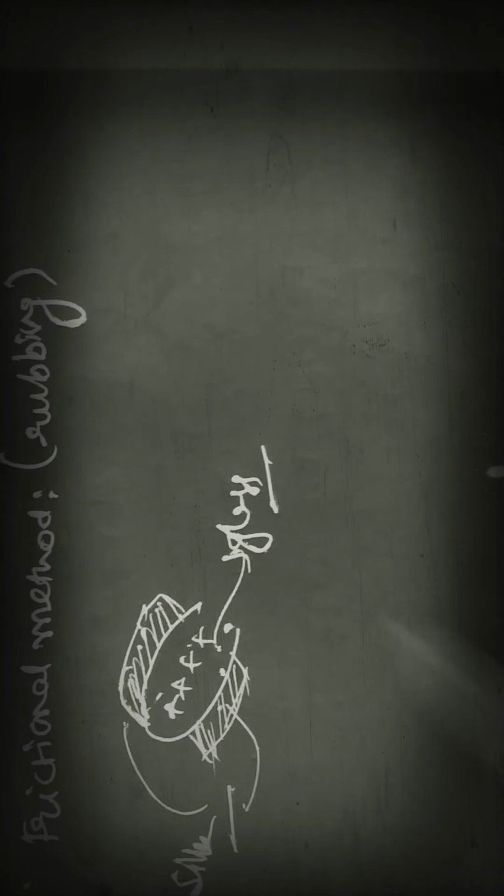Both the surfaces are different. Now when the glass rod is rubbed with the silk cloth, negative charge is acquired by the silk cloth and positive charge is acquired by the glass rod. That means opposite charges will be developed on the two surfaces.